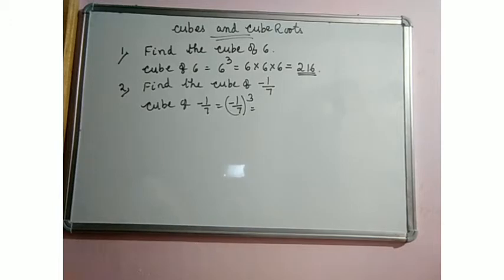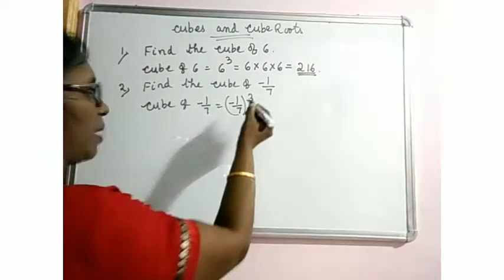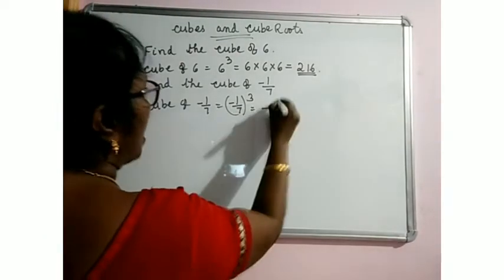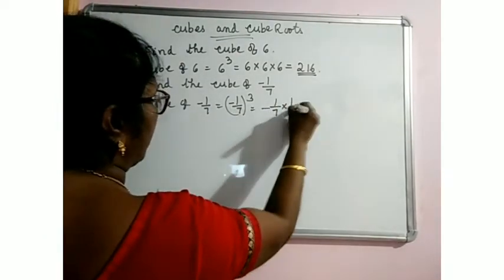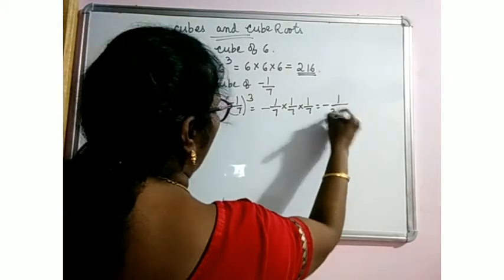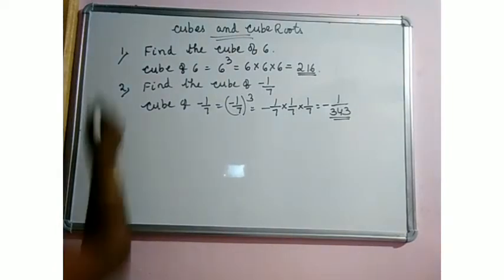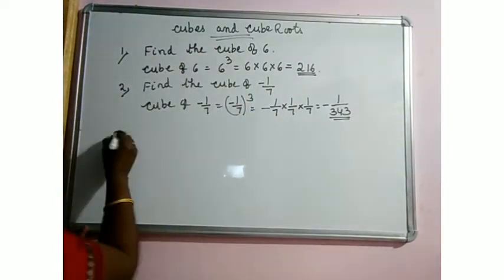Already you have learned the properties of cube numbers. Minus to the power cube is minus, or minus to the power odd number is minus. Cubes of negative numbers are negative. Multiply 1 by 7 three times, and you will get minus 1 by 343. So how to find the cube I have explained to you.